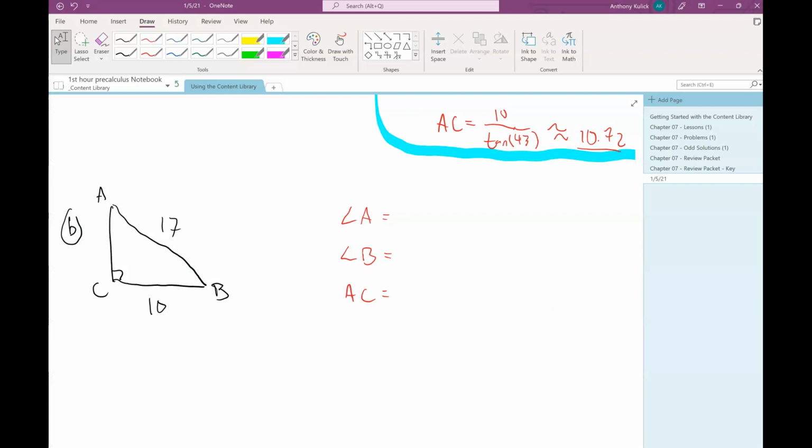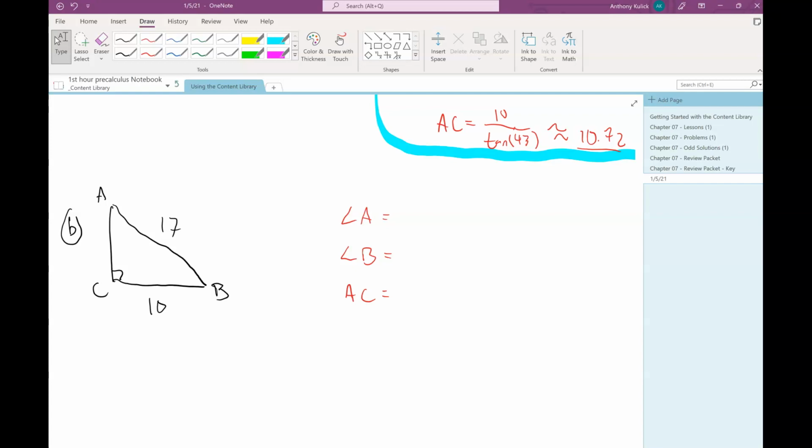So again, just like in the previous problem, it doesn't really matter which piece you try to solve for first. What I would do in this case is find AC first because it's pretty easy. What do we need to do to find AC? Good, the Pythagorean Theorem.